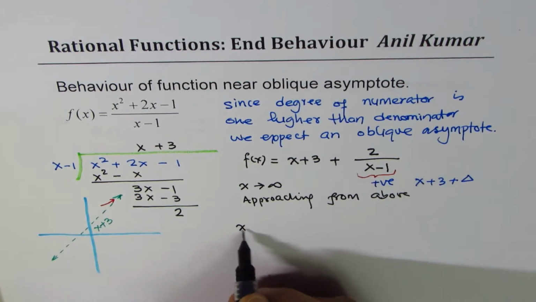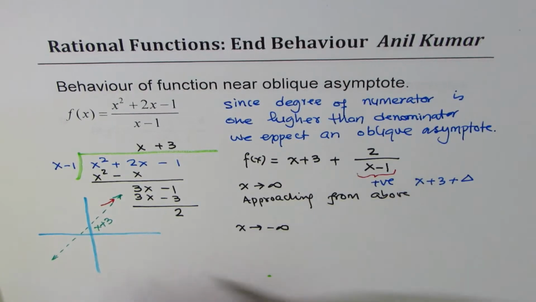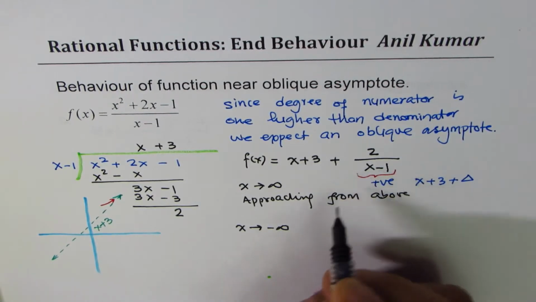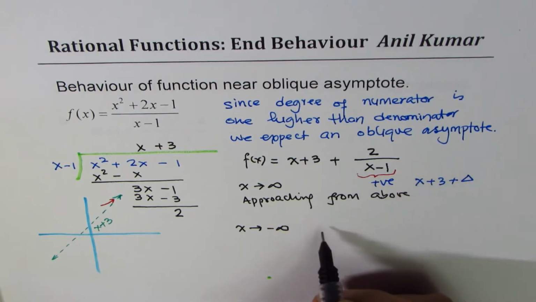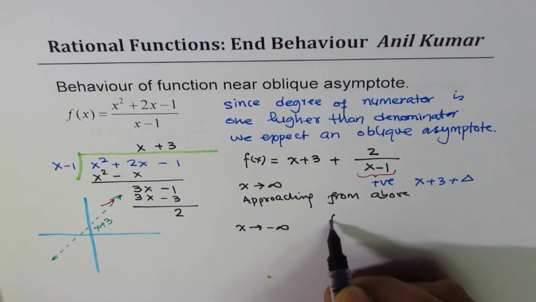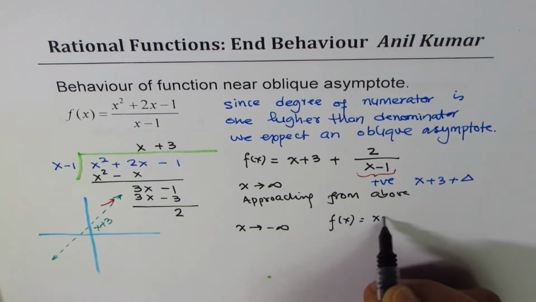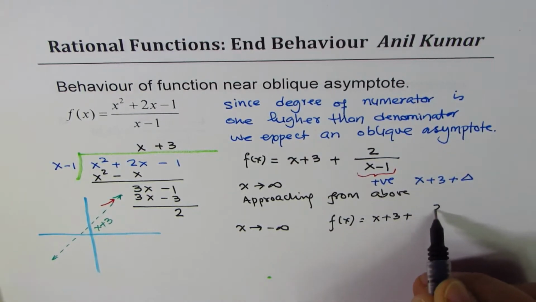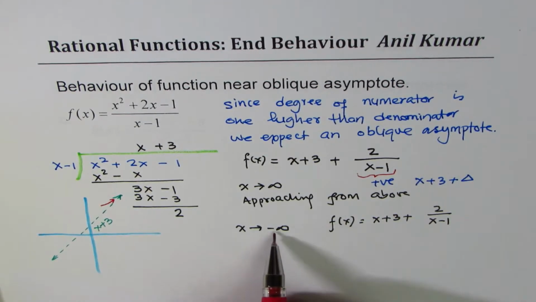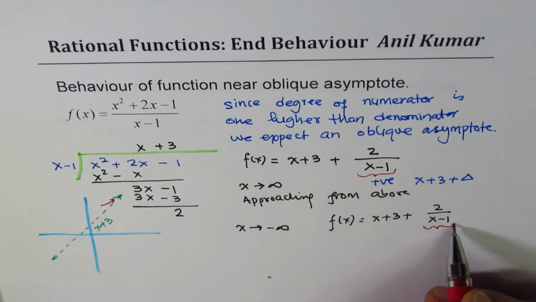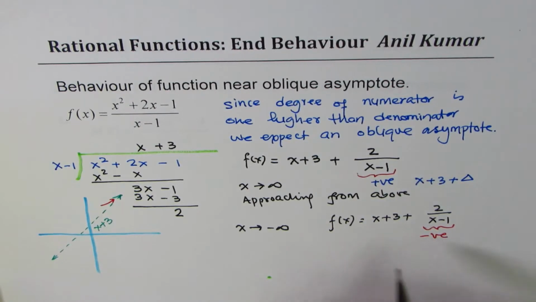Now let us consider the second case when x is approaching negative infinity. You could substitute minus 1000. In that case, let me rewrite this: f of x equals x plus 3 plus 2 over x minus 1. If I substitute a negative value here, then this portion becomes negative.